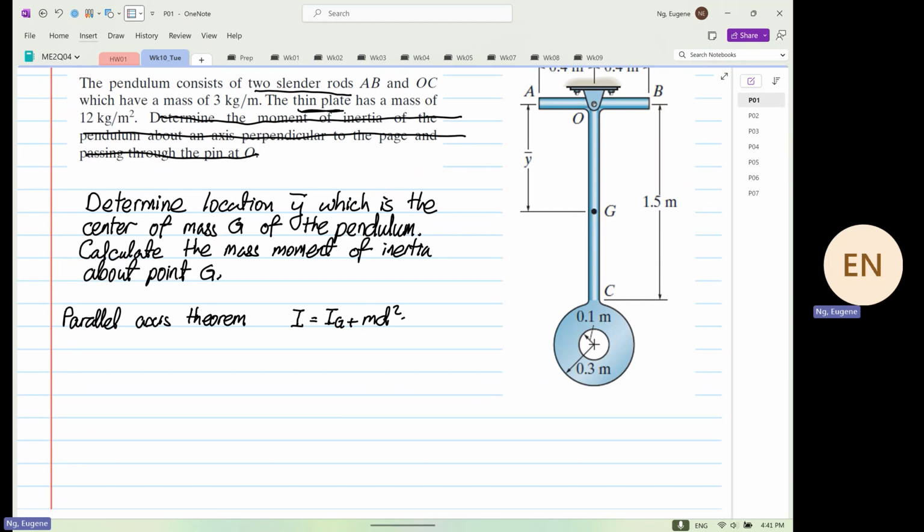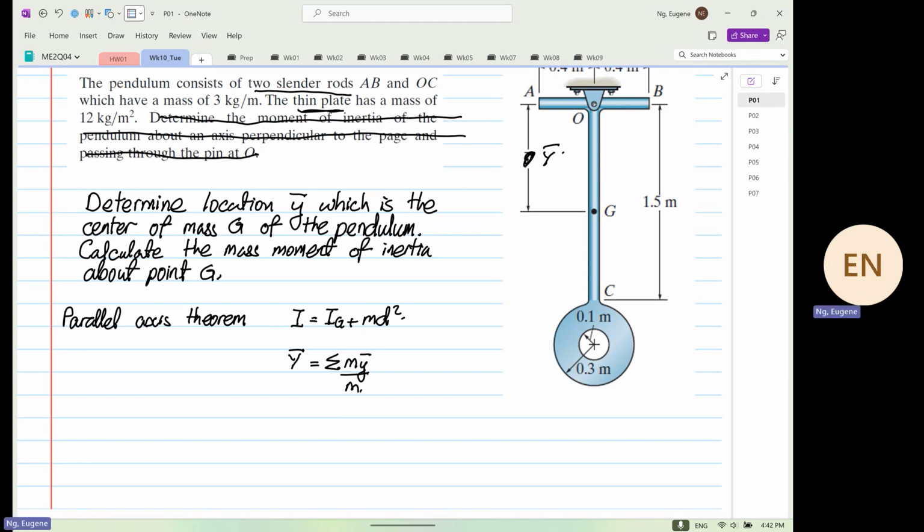I did write this formula last week, and the formula for y bar is equal to the summation of m y bar divided by mass. I will change this to capital Y, and this to capital Y also. That's what we are trying to locate.